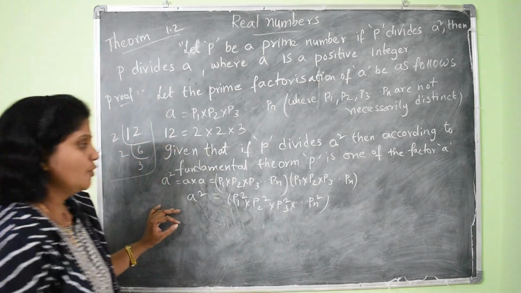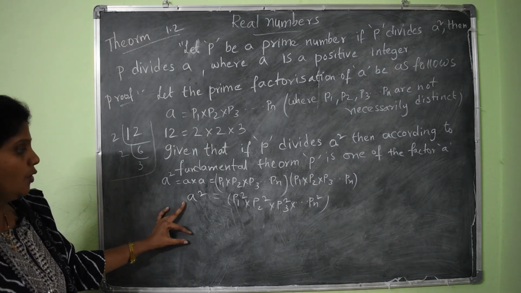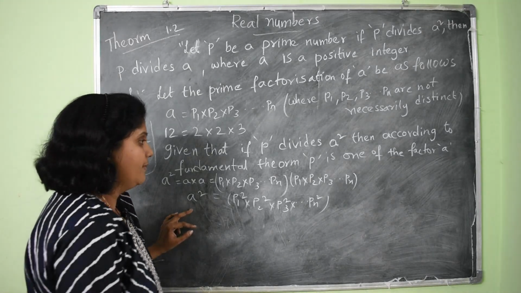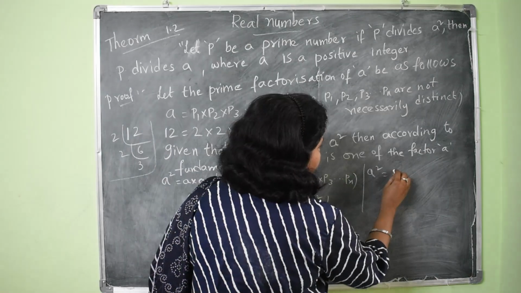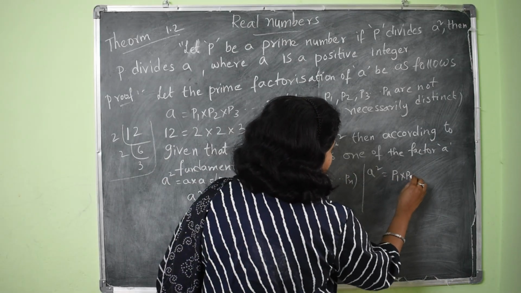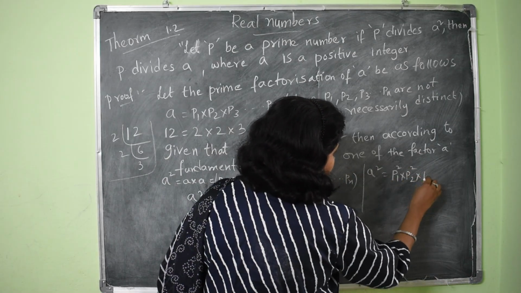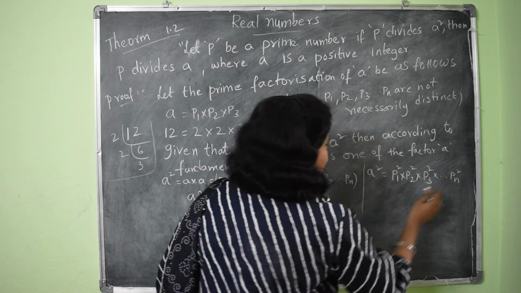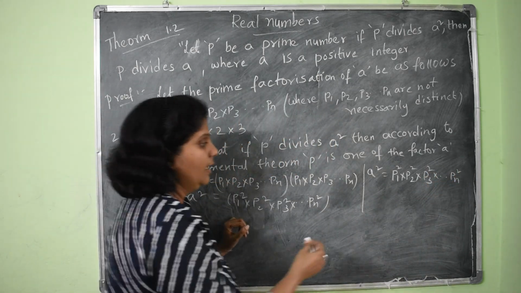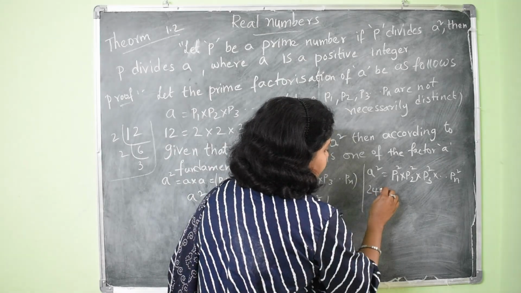So I am assuming an example for this. Suppose I am taking a composite number, let it be 2401.